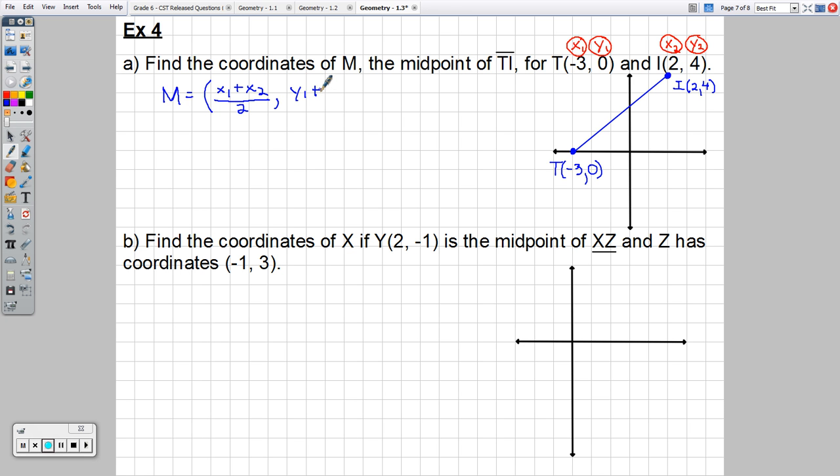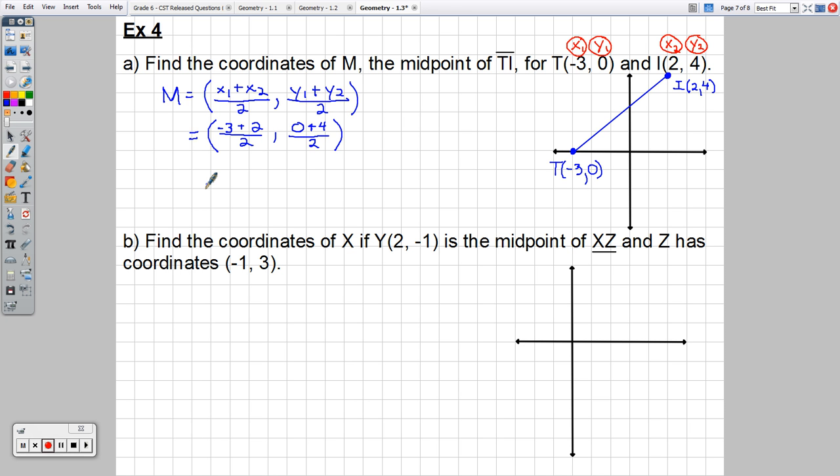My y coordinate will be that. And let's plug in the numbers. So I labeled them to make it really easy for us to do here. So -3 plus 2, over 2. And then I have y1, that's 0. y2 is 4. So 0 plus 4 over 2.